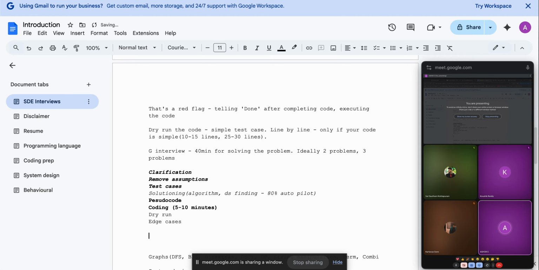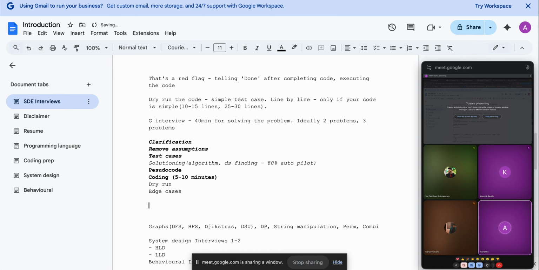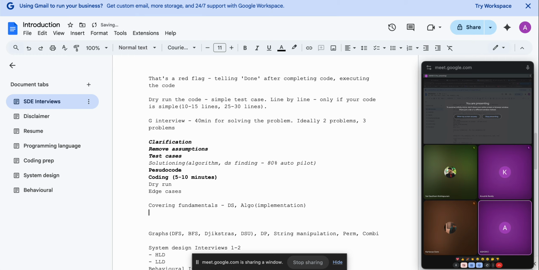So I can mention the coding preparation in 3 phases. One is covering fundamentals, the DS algo, including implementation, and then building intuition on patterns. For this, you need to solve 200 to 300 LC problems of all categories.